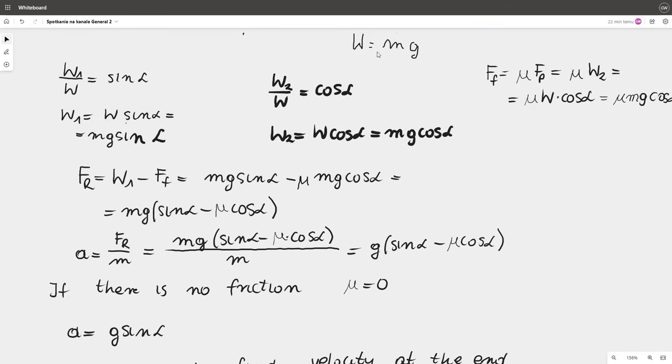Magnitude of weight is equal mass multiplied by g. We put it here and here. Friction force is equal coefficient of friction multiplied by pressure force, Fp. You can see it here.